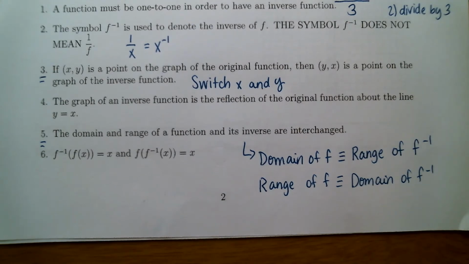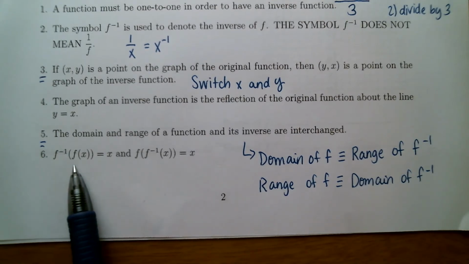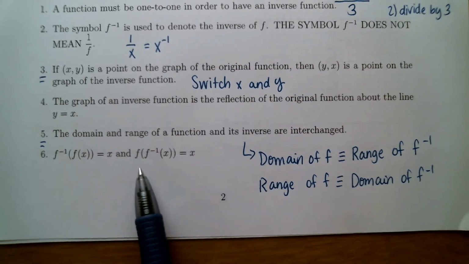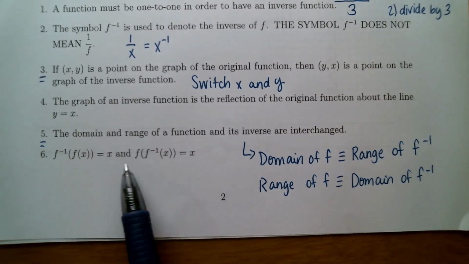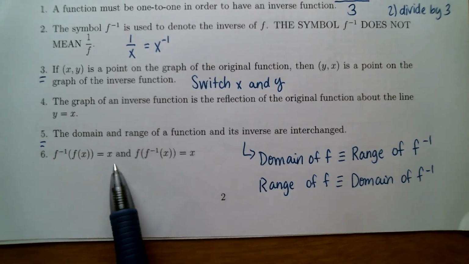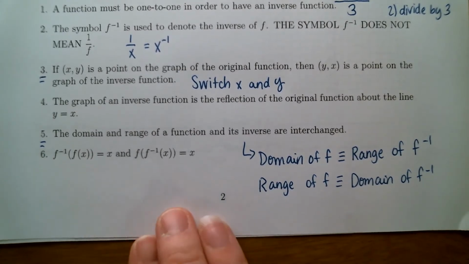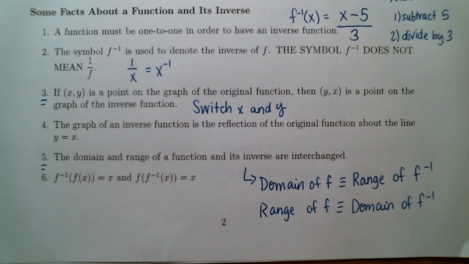However, if you are dealing with a pair of inverse functions, if you do the composition in both directions, so if I do f inverse composed with f and then f composed with f inverse, you are going to get the same thing. And specifically, you are going to get x. So that is always true if you are dealing with a function and its inverse. These 6 facts are very, very important. Like I said, throughout the examples in this section, you will see these concepts illustrated over and over.